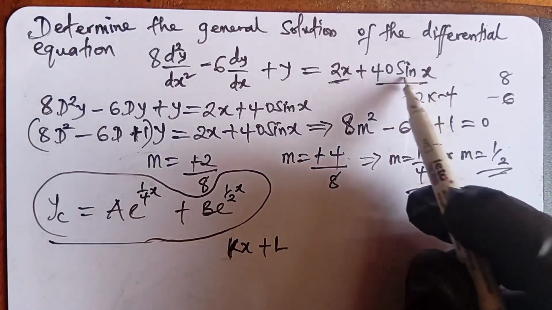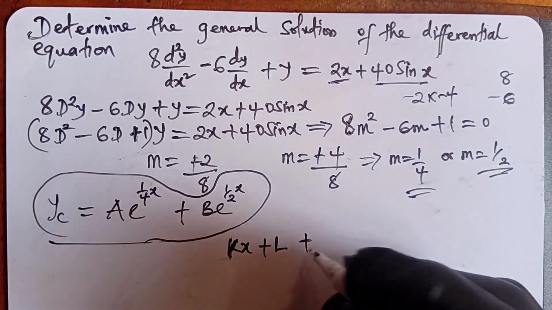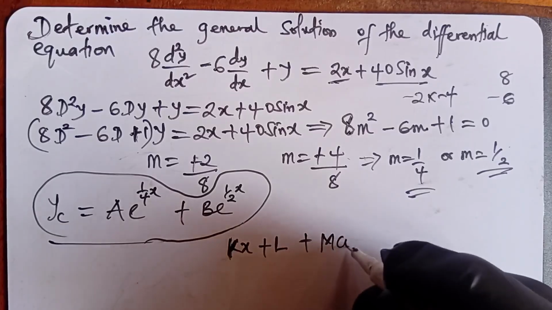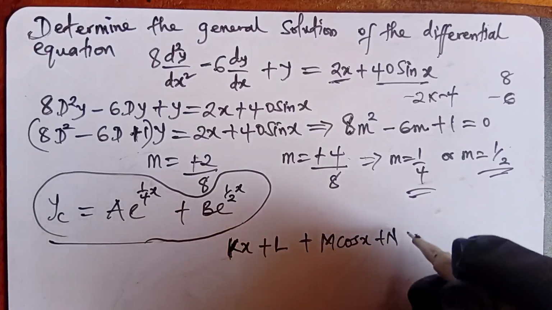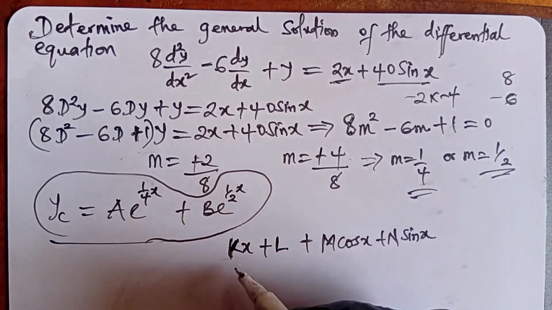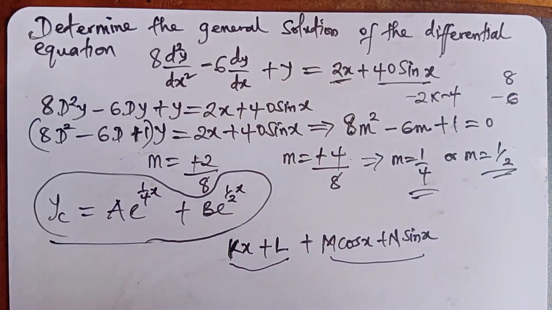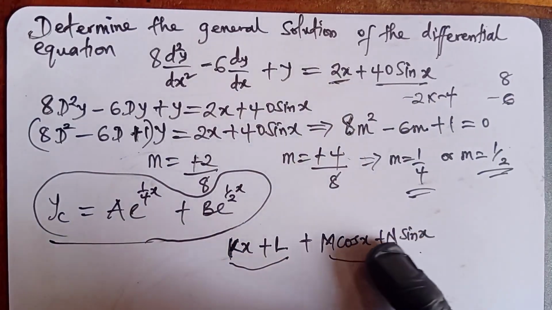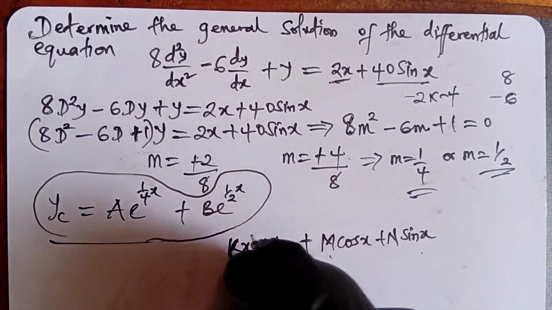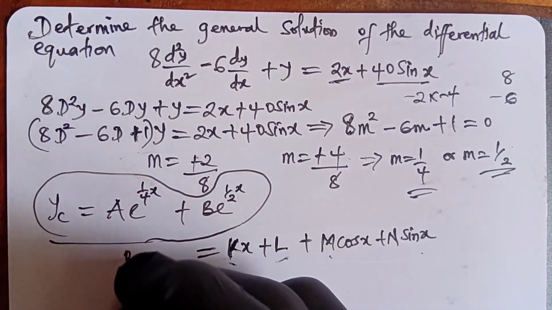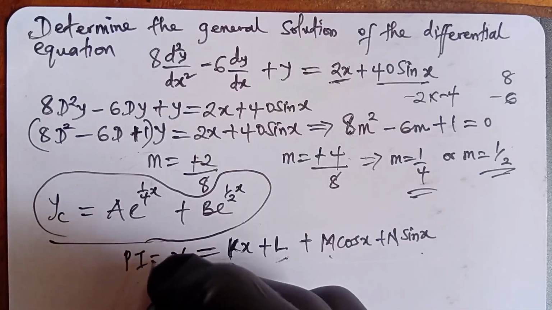Then what will it be for sine x? For sine x, we say it is m cos x plus n sine x. So this one corresponds to 2x, and this one corresponds to 40 sine x. This is the guess, this is how we do it. Everything here is equal to the particular integral, and that's v.